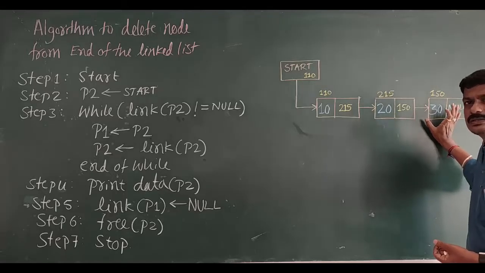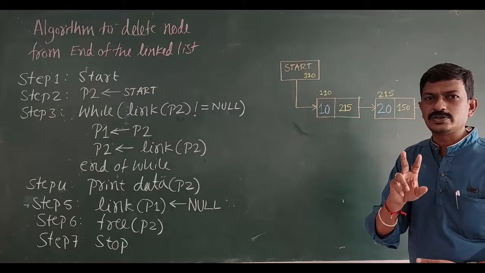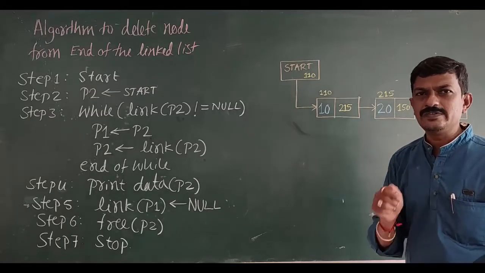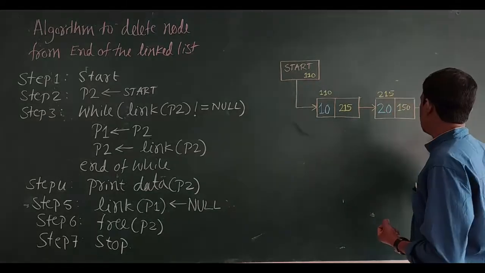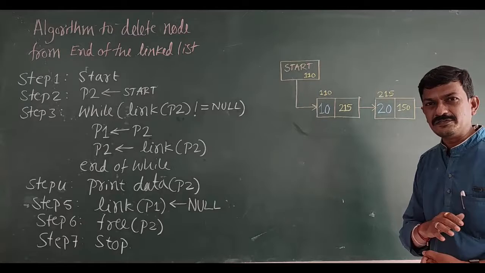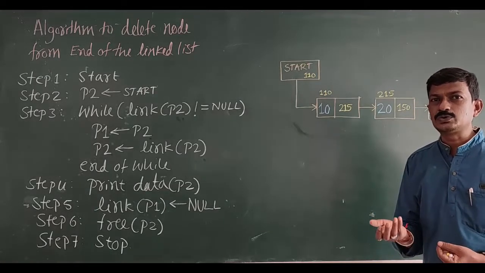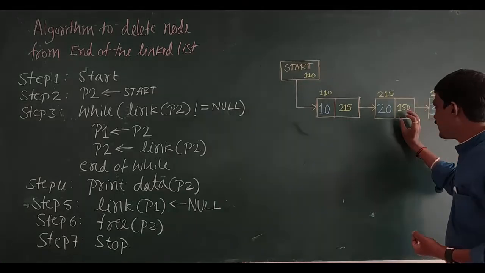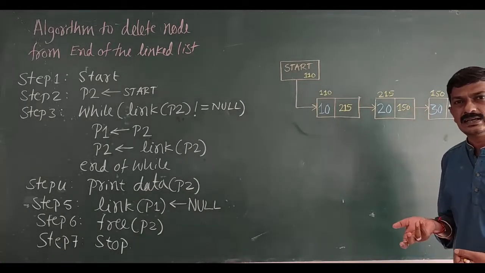To delete the last node of that linked list, we maintain 2 different pointers, P1 and P2. Why do we require these 2 pointers? Because I need to reach the last node. Once you reach the last node, after freeing that node, the previous node has to have its link part assigned a null value.